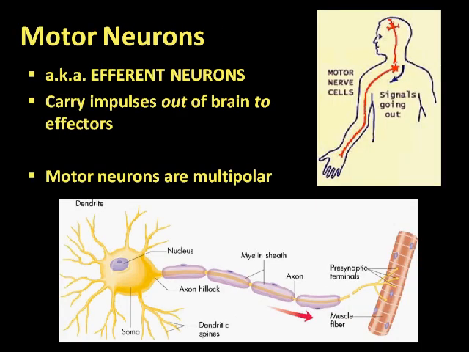The motor neurons are efferent, afferent or efferent is the way you can say this to remember it. They're carrying impulses from the brain out to the effectors, which would be something like muscle. Motor neurons are typically multipolar, which you can see here.